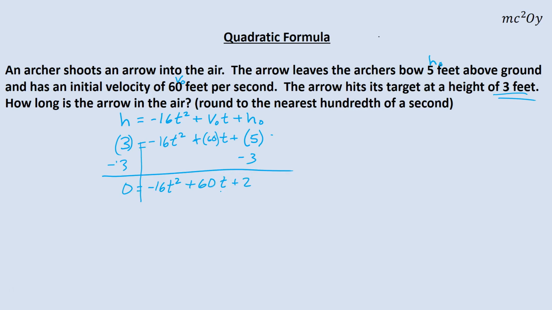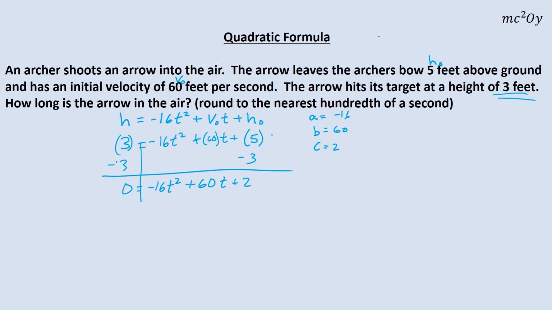Well, I want to find out how long is the arrow in the air? Well, we're going to solve for t. A equals negative 16, B equals 60, and C equals 2. And so I think I'll use the quadratic formula here.